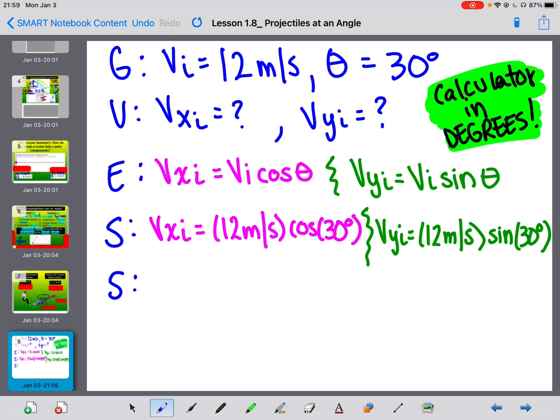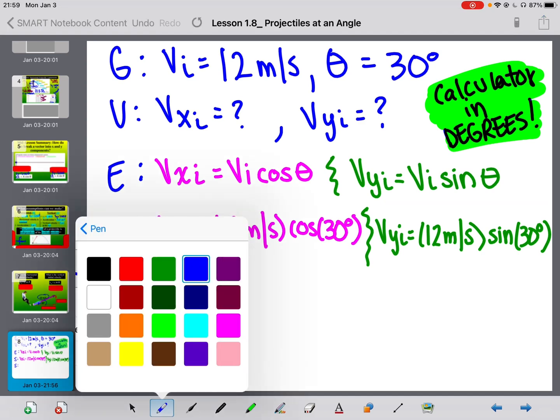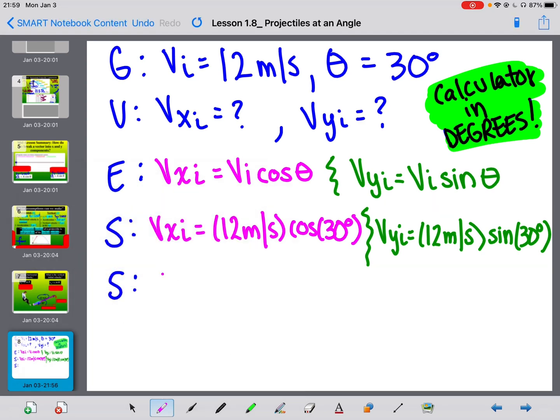If you do Vxi in your calculator, 12 times cosine 30, you should get an answer Vxi equals 10.4 meters per second. I did round here.